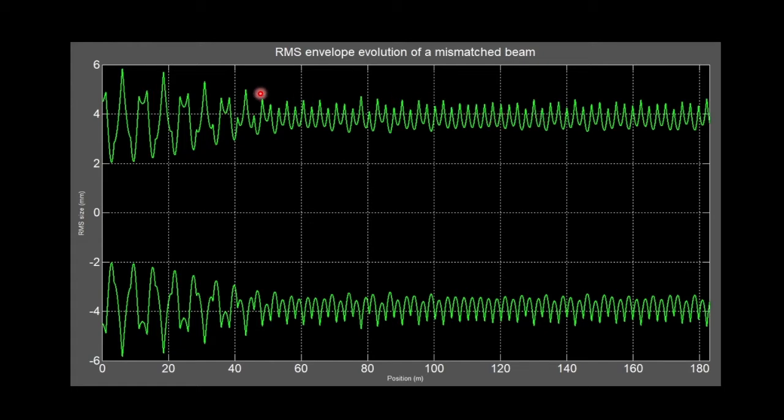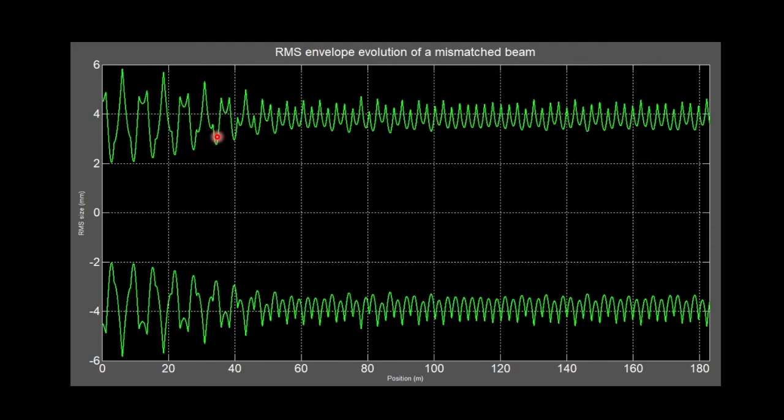In addition, there are these oscillations with a longer wavelength and lower frequency, and they are the oscillations that were introduced because of the initial mismatch that we have given in the system. So whenever we provide an initial mismatch, that will lead to the introduction of an extra additional mode of oscillation in the envelope.